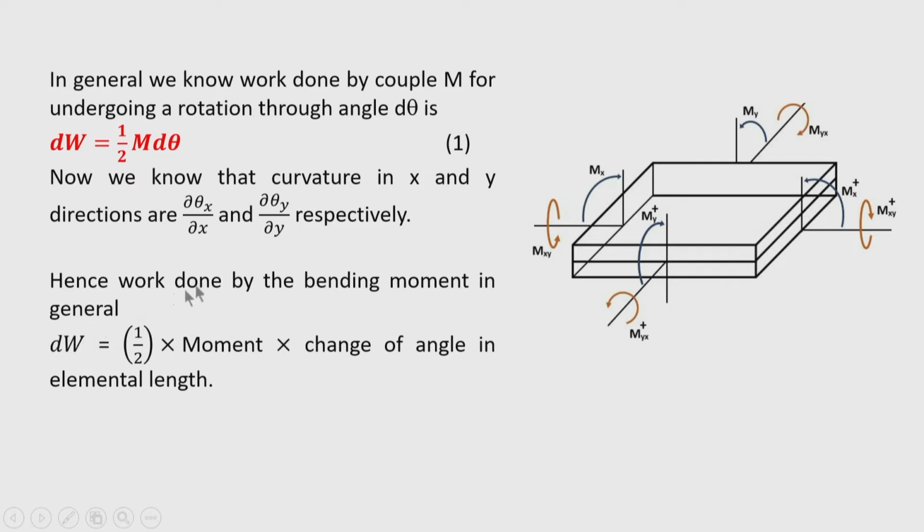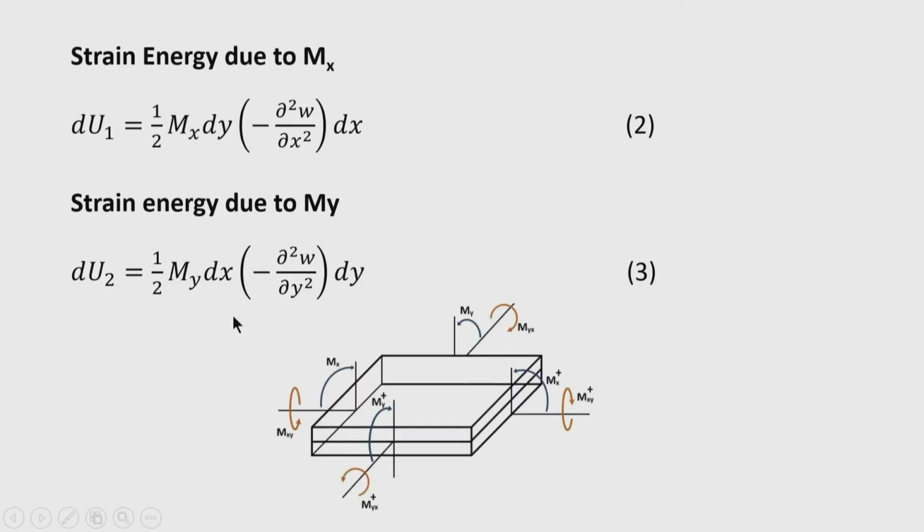With that condition we can say the work done by the bending moment or couple is half the moment into the change of angle in the elemental length. Knowing this fact, we can write the contribution towards the strain energy due to bending moment along the x axis as del U1, equal to half Mx dy. Why Mx dy?